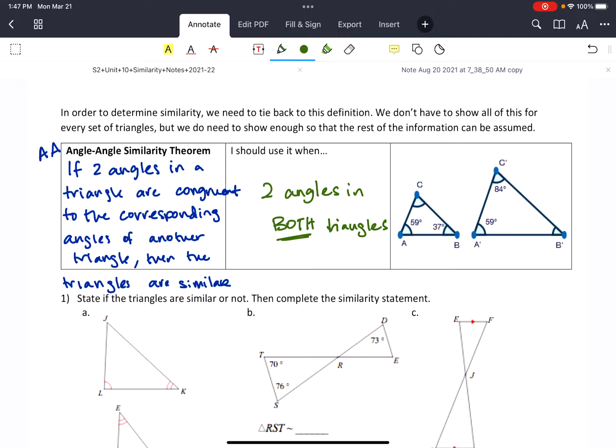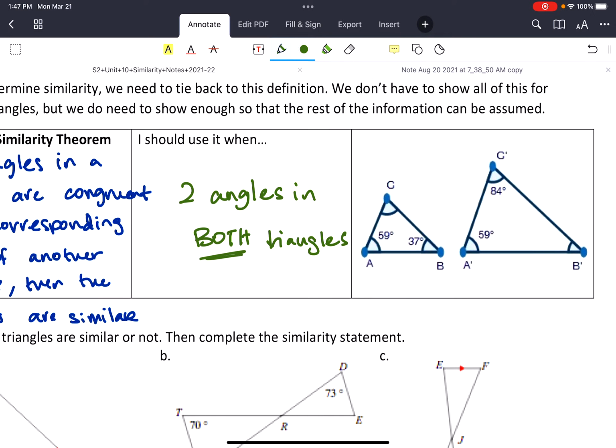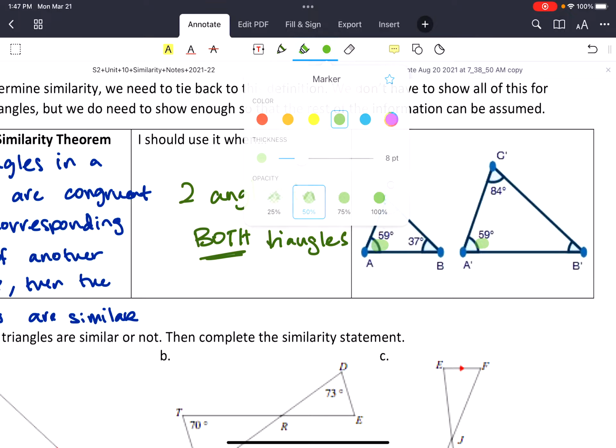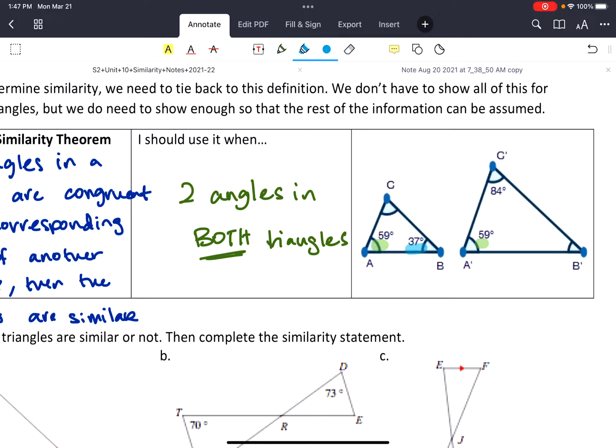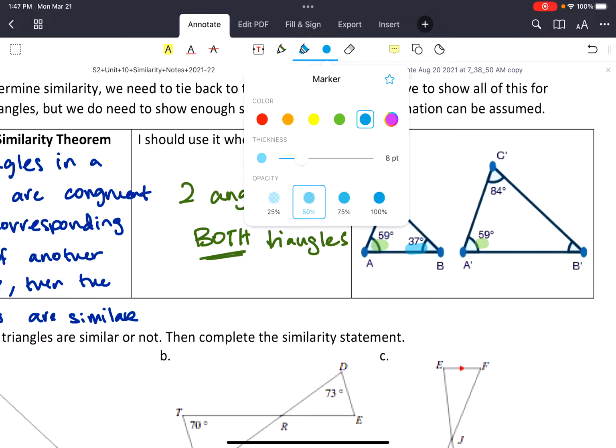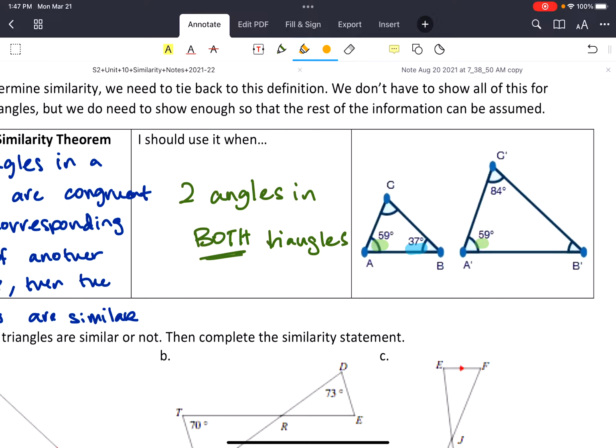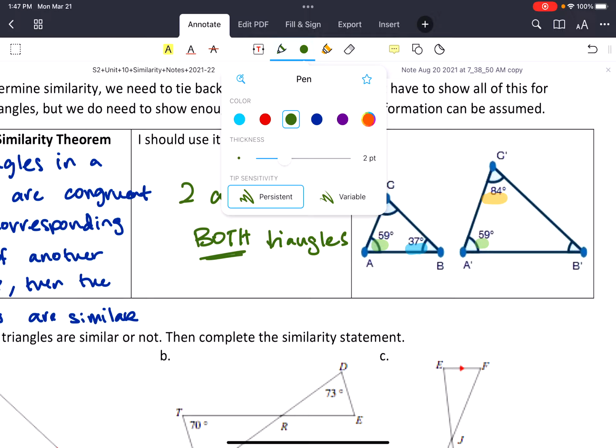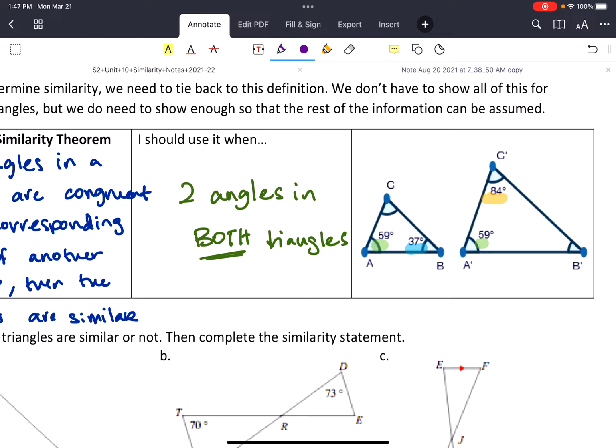So if I look at this first example, I'm given a 59 right here. I'm given a 37 right here, and I don't have a corresponding 37 on the other side. And I'm given an 84 there. Well, I know that the property of a triangle is that all three angles add up to 180 degrees.